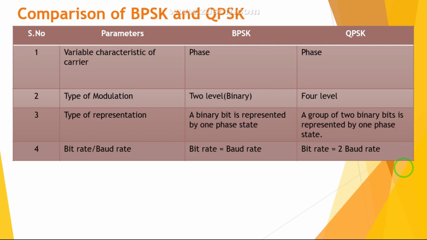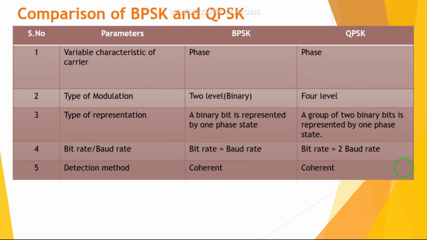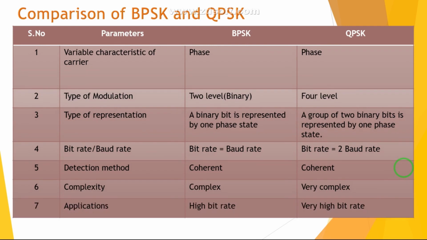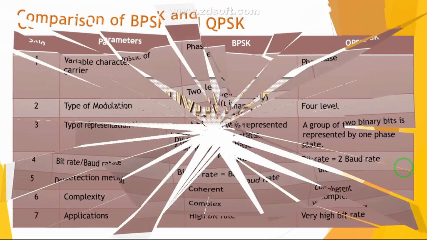Bit rate is equal to baud rate in the BPSK system, whereas bit rate is twice the baud rate in the QPSK system. The detection method is coherent in both, and complexity: BPSK is complex, but QPSK is very complex. Applications: BPSK is used in high bit rate and QPSK in very high bit rate.